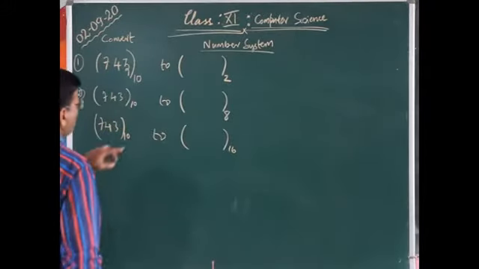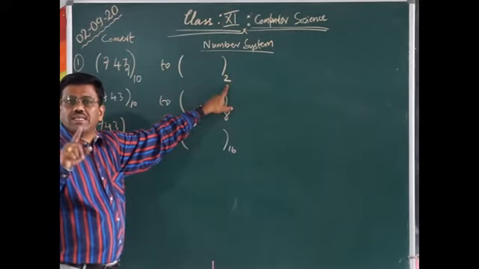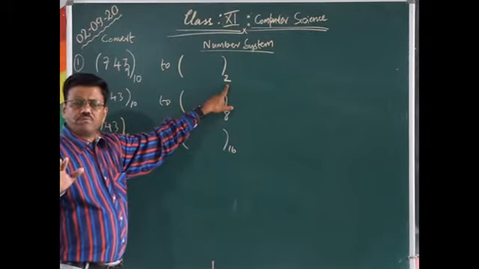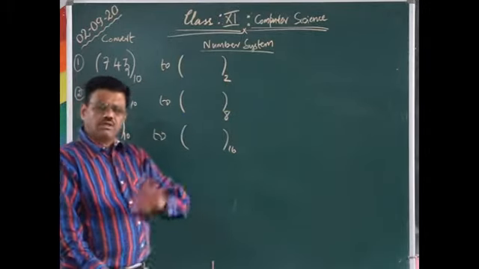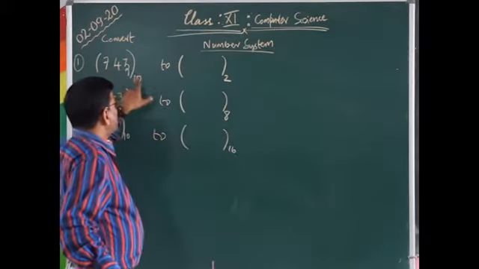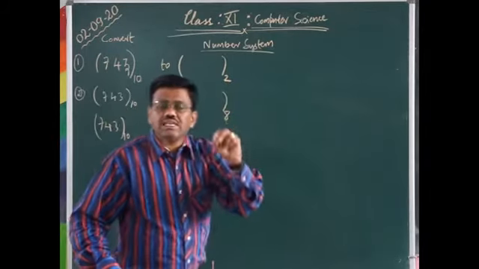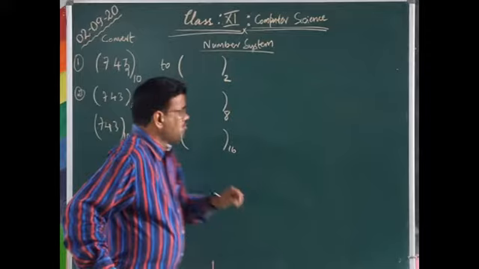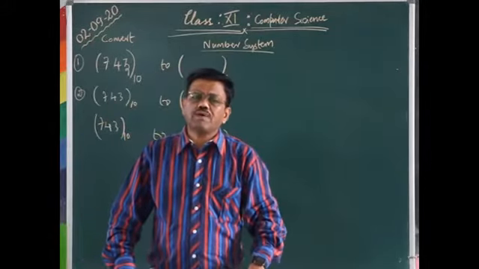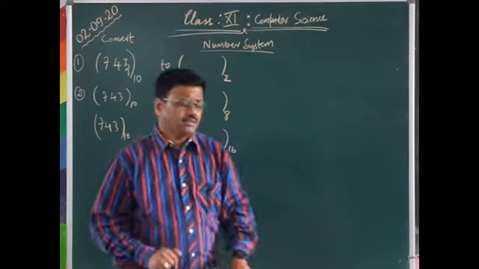If you want binary, keep dividing by 2 till you get less than 2. The processes, all 3 of them, are identical. I repeat again. From decimal to binary means keep dividing by 2 till you get less than 2. From decimal to octal means keep dividing 743 by 8, repeating the process till you get less than 8.